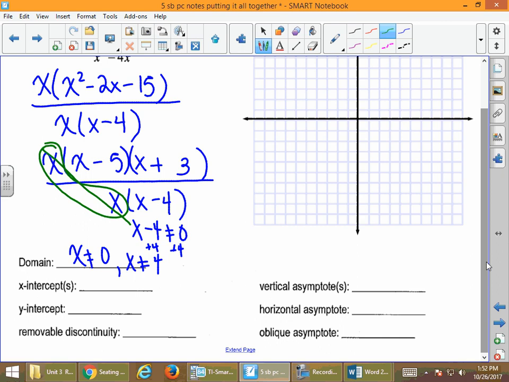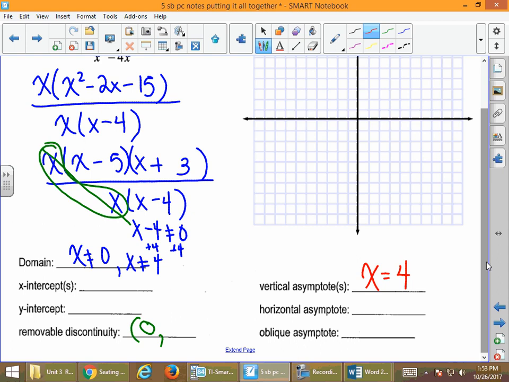The value that we got with that x value was 0, so our removable discontinuity is going to have an x value of 0. And because the x is canceled out, we're only going to have one vertical asymptote, and that's at the part of the denominator that didn't cancel out.